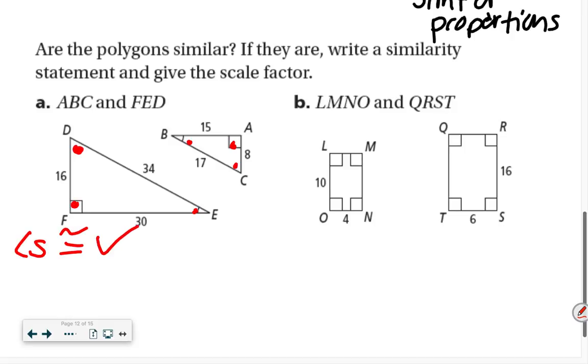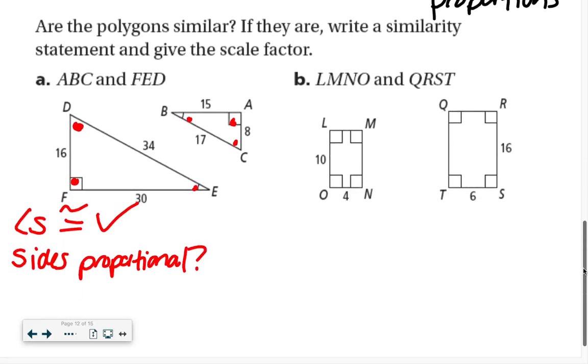The other thing I need for similar polygons are my sides need to be proportional. I need to check if they are. Okay? Well, if I started with side DF, that's 16, what side matches out of my ABC triangle?